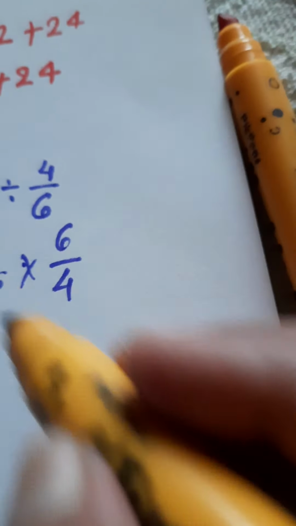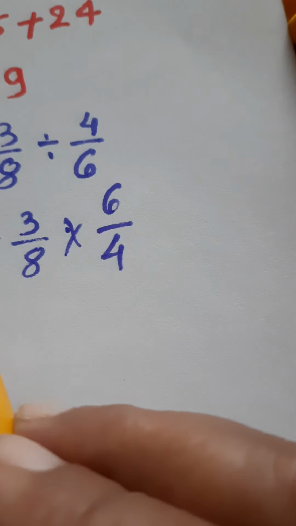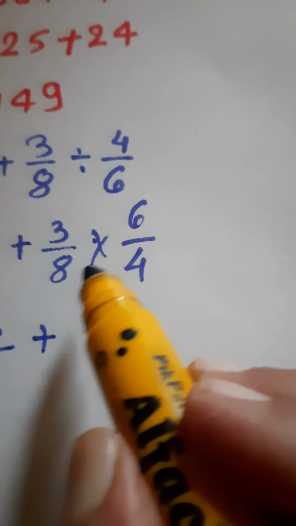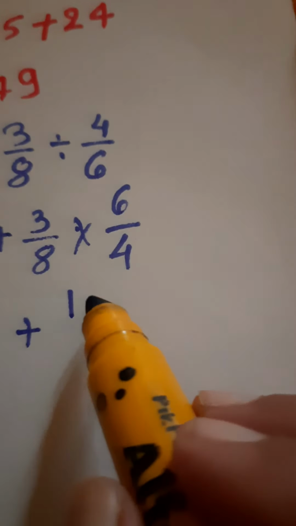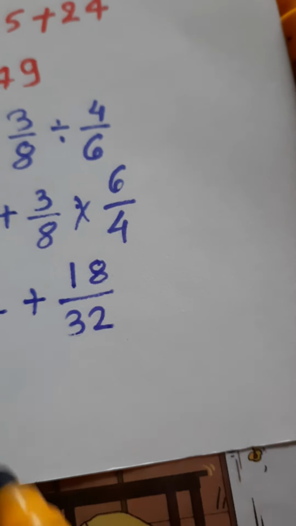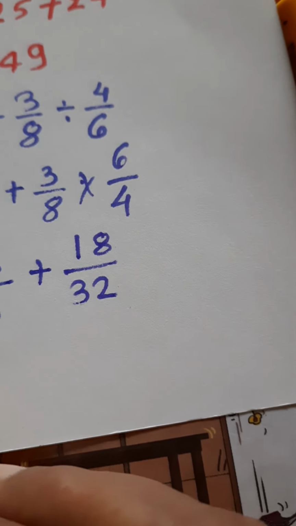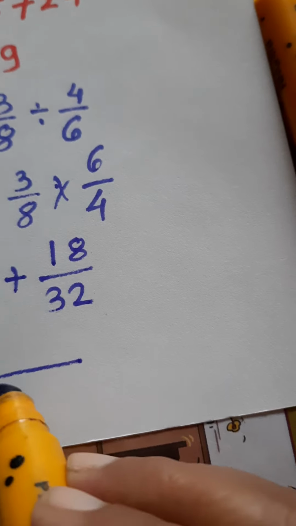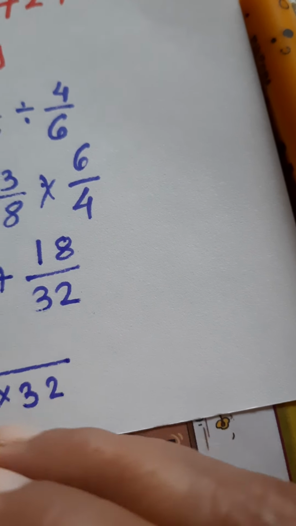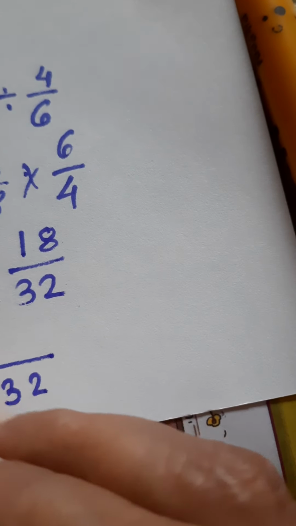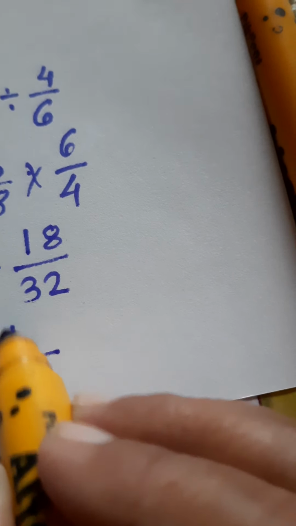See, three upon 5 plus, 8 4s are 32. Five into 32, 3 into 32, plus 18.